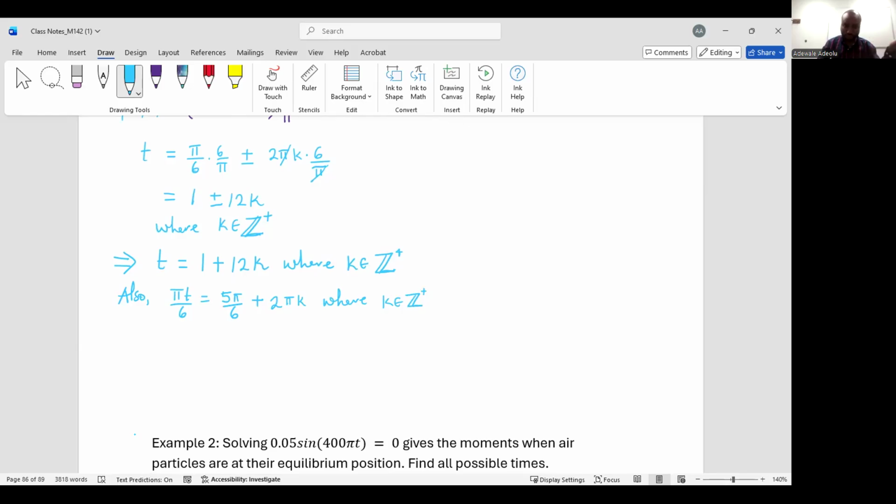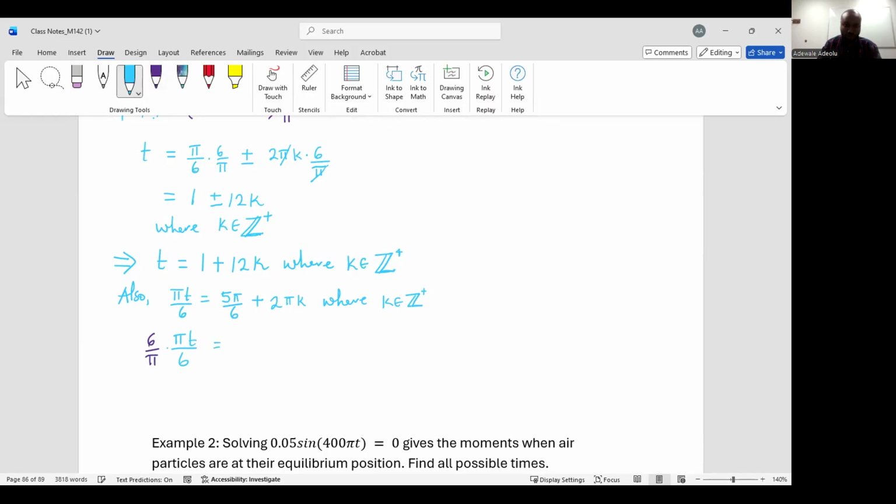Or let me say I'm considering time, which is positive. So now, again, I will do the same thing. Very fast now, I will multiply both sides by 6 over pi to get rid of that pi over 6.